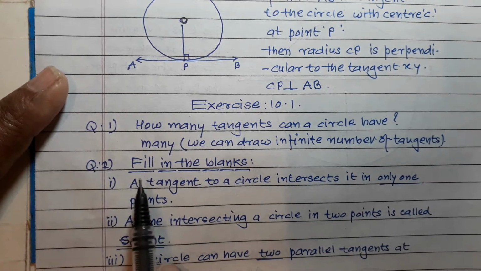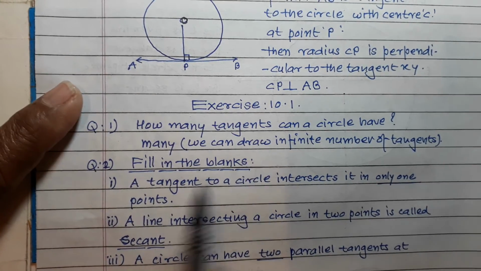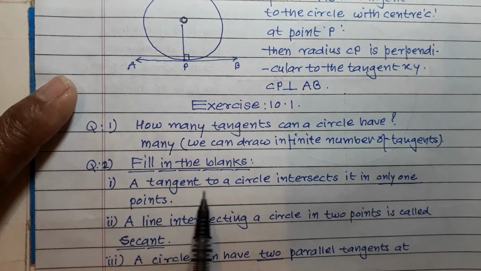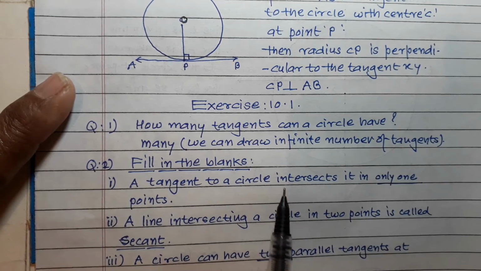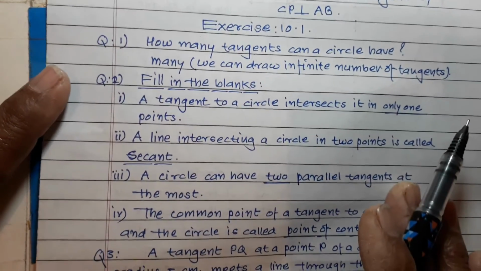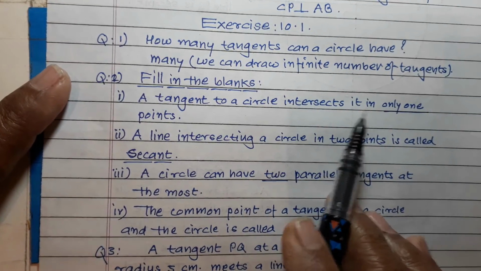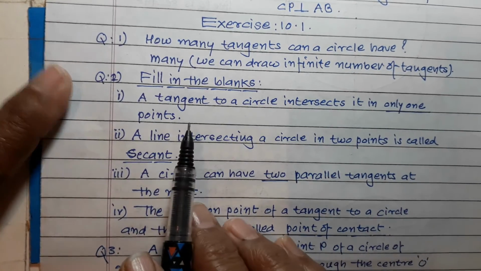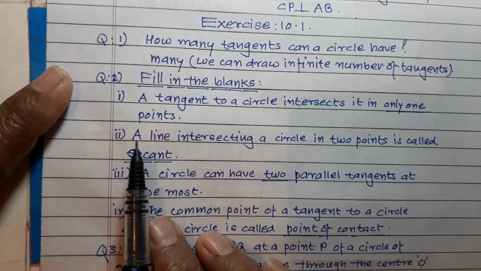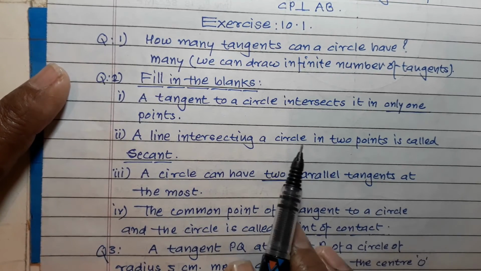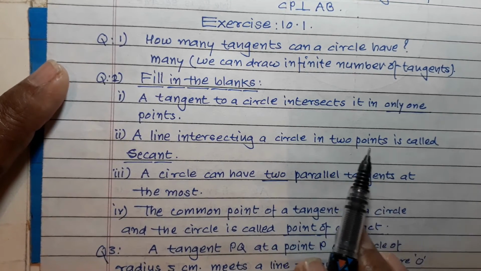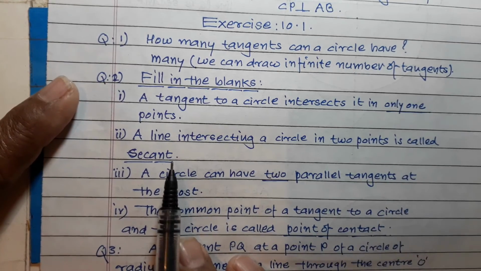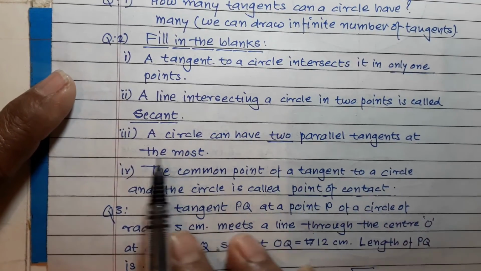Question number 2. Fill in the blanks. Number 1. A tangent to a circle intersects it in only one point. Number 2. A line intersecting a circle in 2 points is called a secant. Number 3.